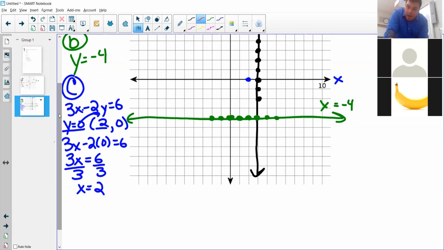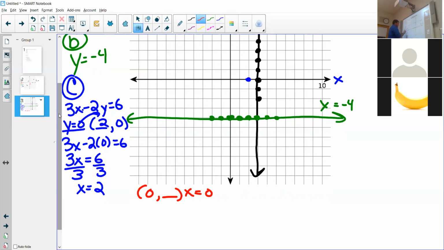Now we're going to find the y-intercept. That's on the vertical y-axis. That's where x equals 0. Notice you don't go left or right. So we need to fill in the blank for when x equals 0. So that's 0, comma, blank.